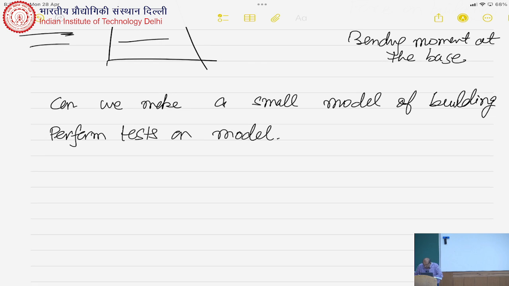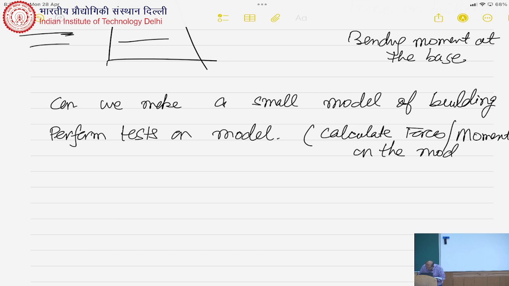And then we calculate the forces and moment on the model. Of course, these tests will have to be done in a wind tunnel. A wind tunnel is a closed chamber where you can have wind flowing at different speeds.